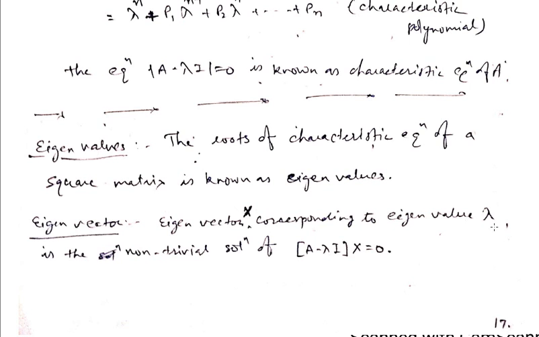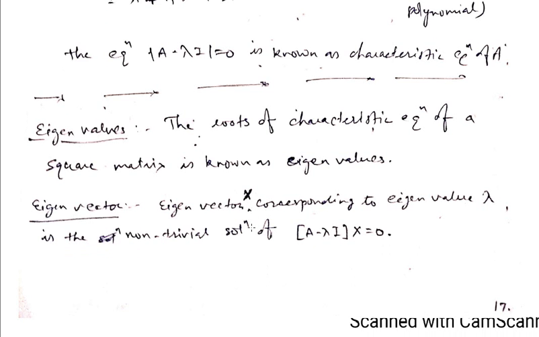So for each eigenvalue we find some eigenvector. Actually there are an infinite number of eigenvectors corresponding to a particular eigenvalue, but out of these infinite ones only a few are independent, and the rest are dependent eigenvectors.